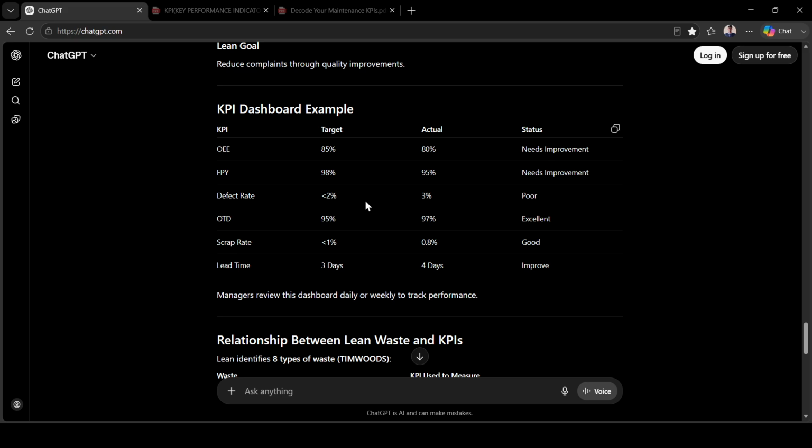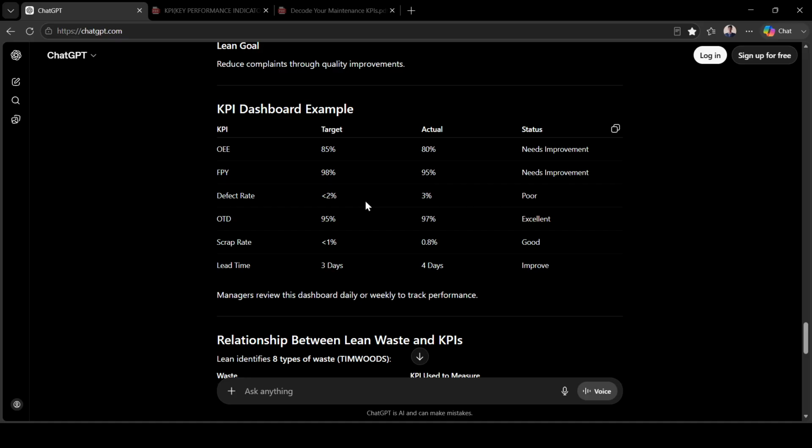Now I will explain a key dashboard example with KPI, target, actual, and status. OEE target 85%, actual 80%, needs improvement. First pass yield target 98%, actual 95%, needs improvement.